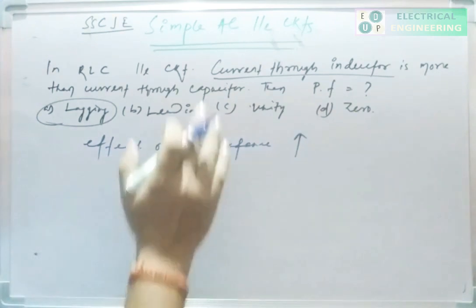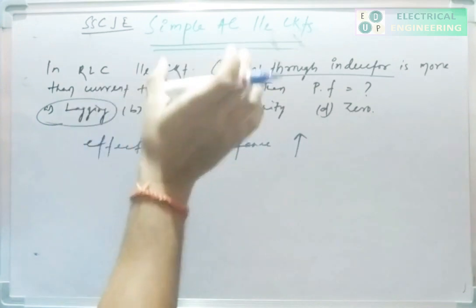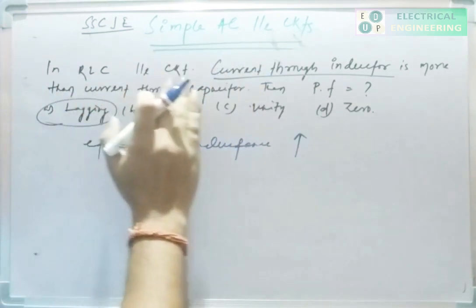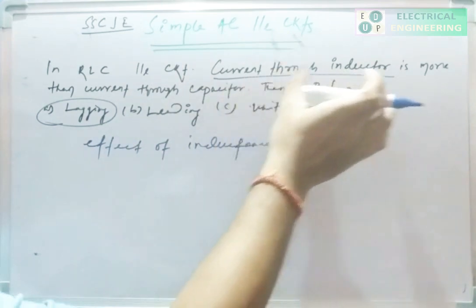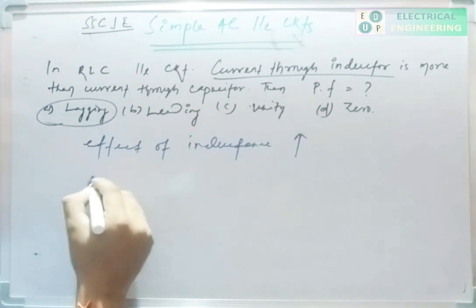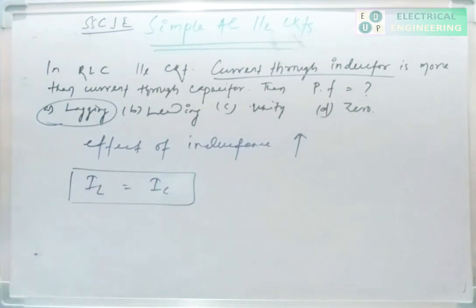If I change some parts of this question, like if in an RLC parallel circuit, the current through the inductor is equal to the current through the capacitor, then what will happen?